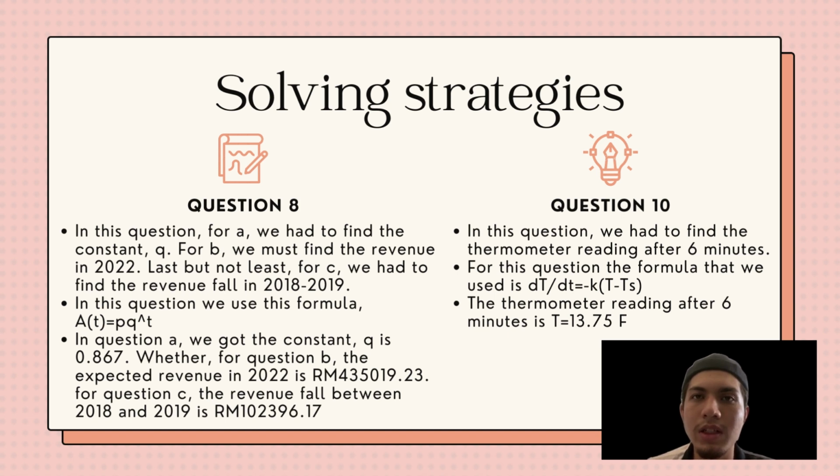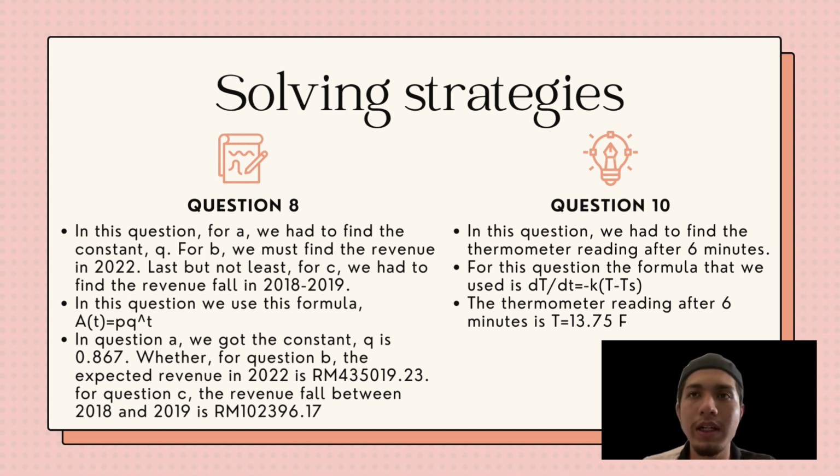Last, in question 8a, we got the constant Q is 0.89867. For question B, the expected revenue in 2022 is 435,019.23 ringgit. For question C, the revenue fall between 2018 and 2019 is 102,396.17 ringgit.